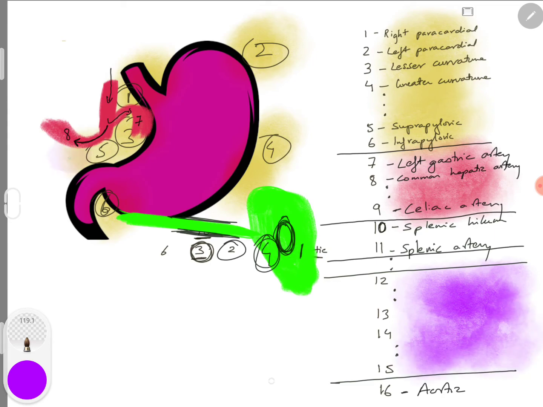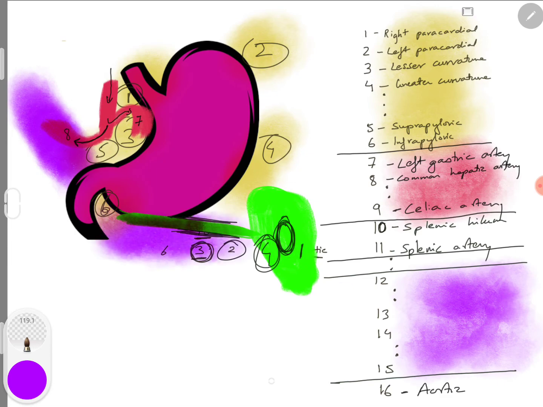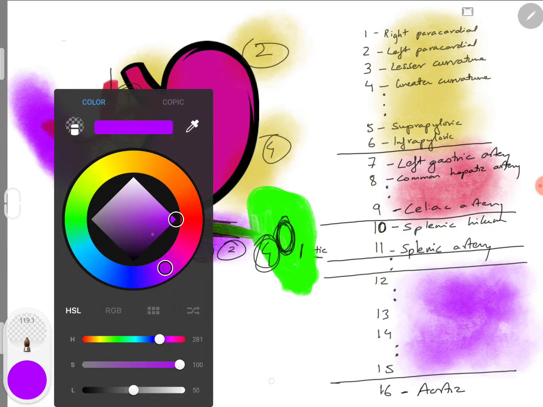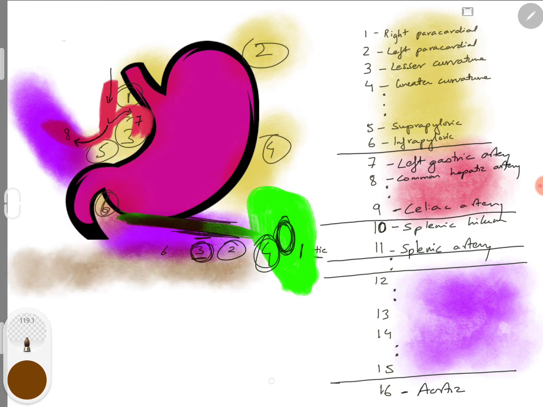So these are structures which run here. What's a ligament that lies over here? From the liver to the duodenum, hepatoduodenal ligament. And there's an organ which lies here, pancreas. And then we have transverse colon. It's going to lie somewhere around here.